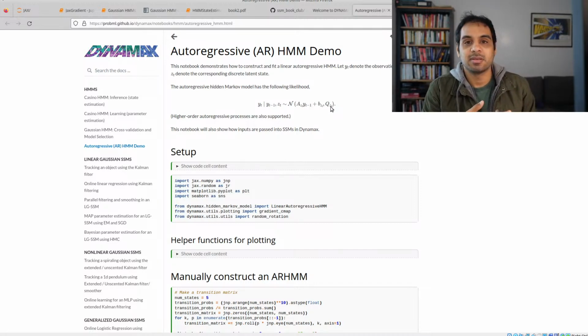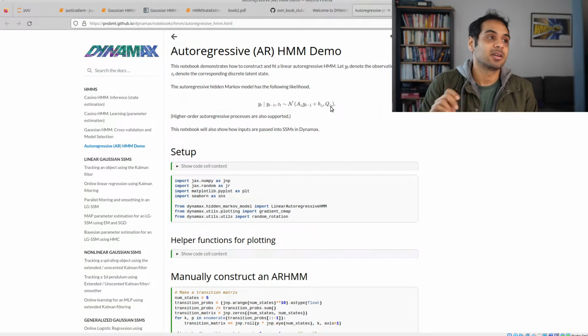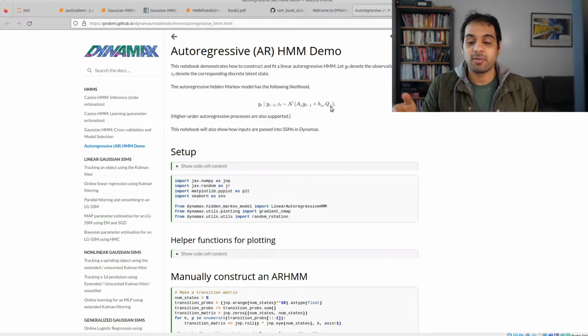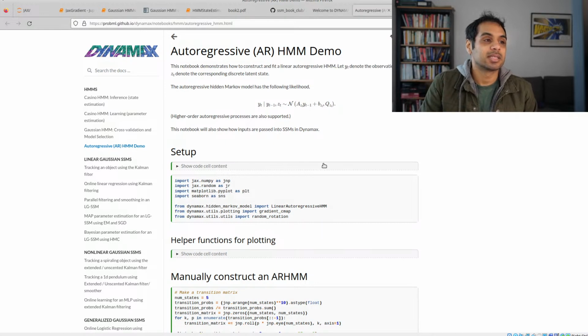State space models can be used for dynamical systems like spring damper mass systems in mechanical engineering. They're used all over the place. An AR 1, 2, 3, 4, 5, which indicates the number of lags, can be modeled as a state space model. And here is an example of that.